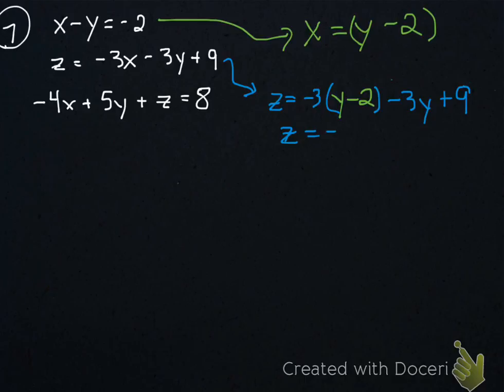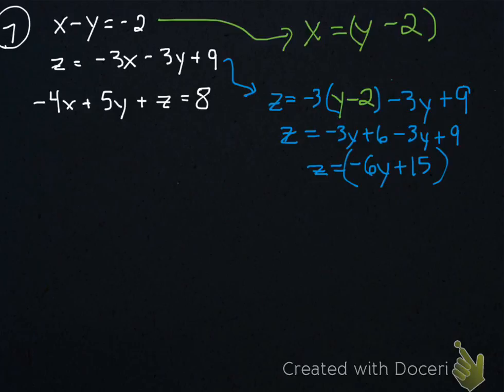So z is equal, now we distribute, negative 3y plus 6 minus 3y plus 9. And when we simplify that, z is equal to negative 6y plus 15. So now I have something I can plug in for z. Here's the cool part. That last equation has x, y, and z.